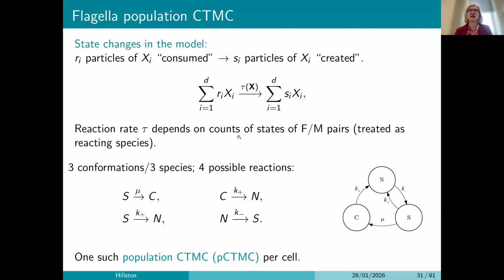So in terms of our state space here, if we have a motor flagella pair in state S with rate mu, we generate a motor flagella pair in state C. So that's just a way of representing this as our chemical reactions. As I say, these are just different formalisms that we can use to help us reason about these systems. So this would be the possible behaviours of an individual flagella motor pair, but there's a whole population of these at work within a cell.